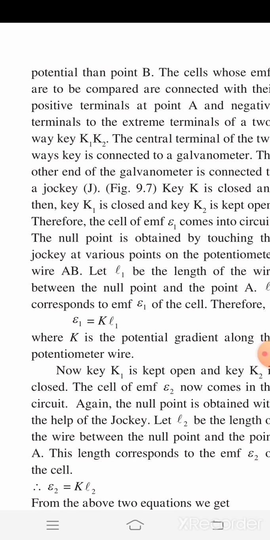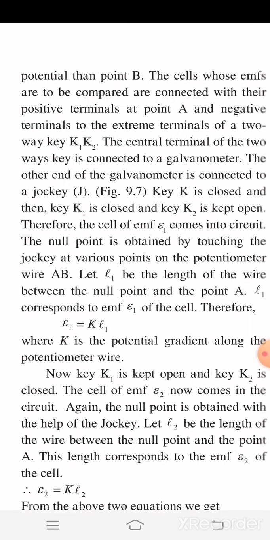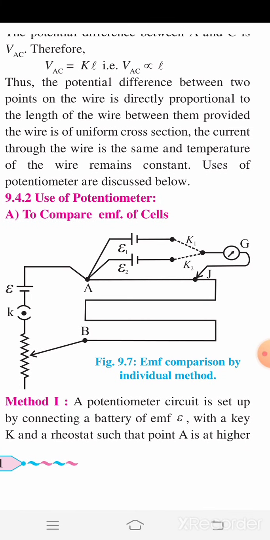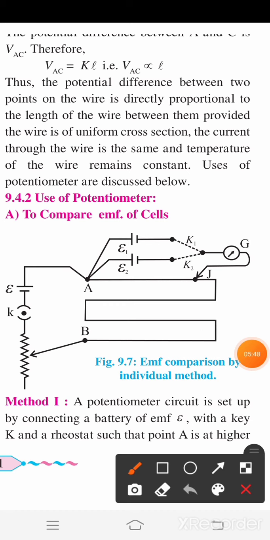After that, the cells whose EMF are to be compared, that is cell E1 and cell E2, are connected with their positive terminals at point A. Positive terminals are connected to the higher potential point A of wire AB, and negative terminals are connected to the extreme terminals of a two-way key. The central terminal of that two-way key is connected to one terminal of the galvanometer, and the other terminal of the galvanometer is connected to the jockey.